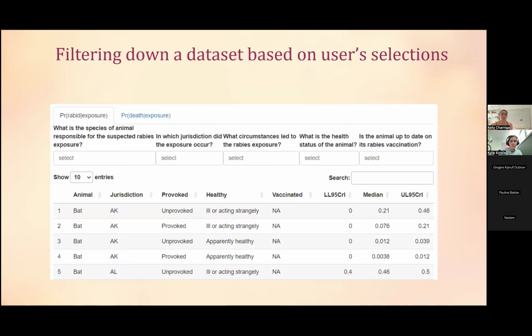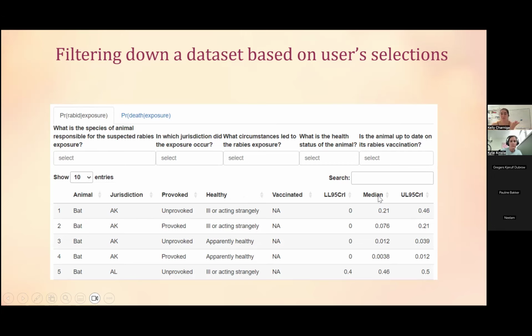So how it works is you filter down a data set based on a user selection. I pre-computed all of the probabilities, and then I wanted to present it to the person looking for information. I have two tabs here. This one shows the probability that an animal is rabid given an exposure, and it has the questions that you would ask. You filter it down and then you get the quantities.